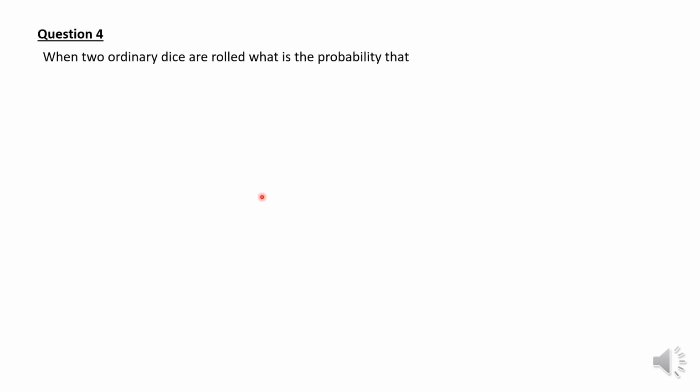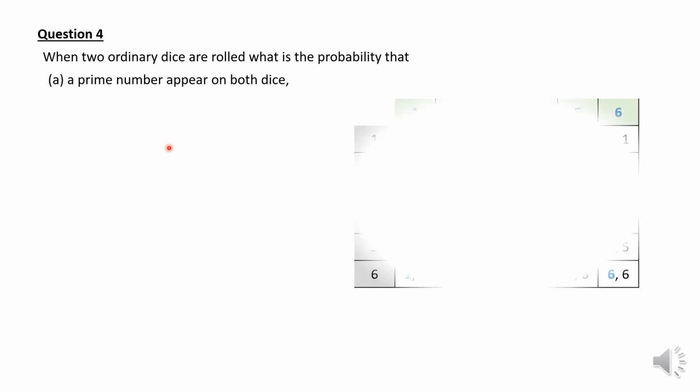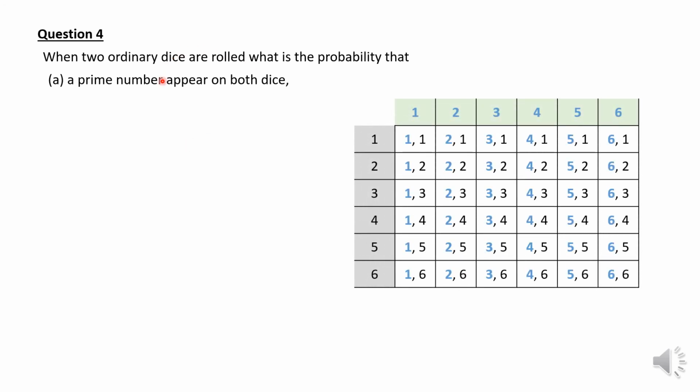Question 4, when 2 ordinary dice are rolled, what is the probability, this is the one that I was saying, all right, that a prime number appears on both dice? Of course. So prime number on both. So if I bring them in, remember, they're saying, not at least, they're saying a prime number should appear on both.